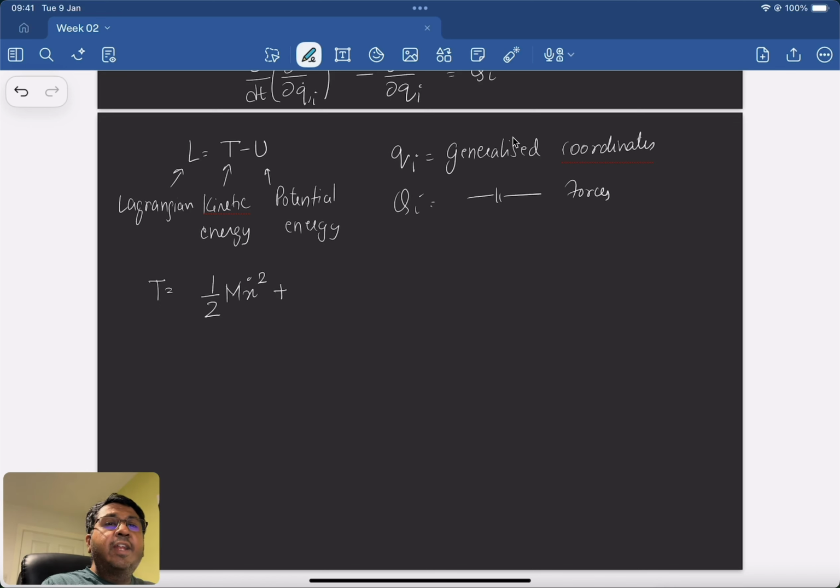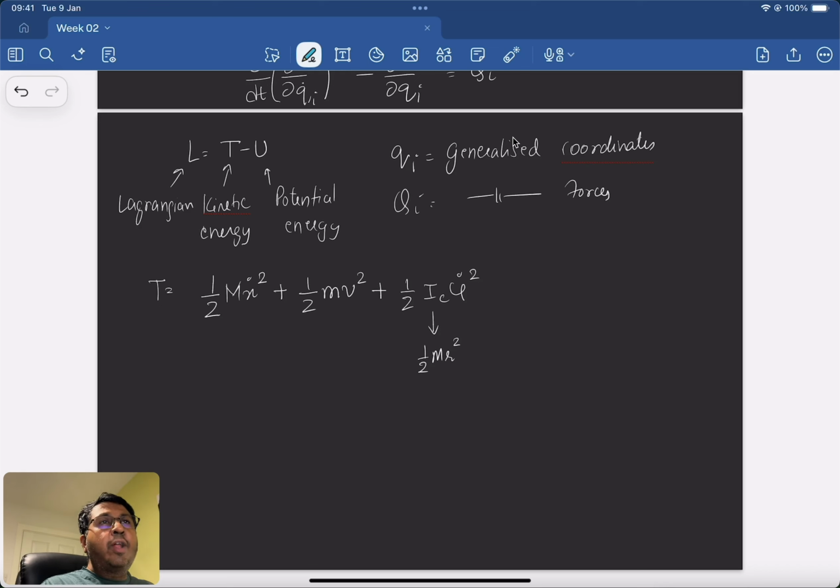The second thing is that the center of mass of the disk is moving linearly along with the top mass, so we can say half m v square. We'll come to that in a second. We also have the kinetic energy because of the rotational motion: half into the moment of inertia into phi dot square. This moment of inertia is nothing but half m r square.